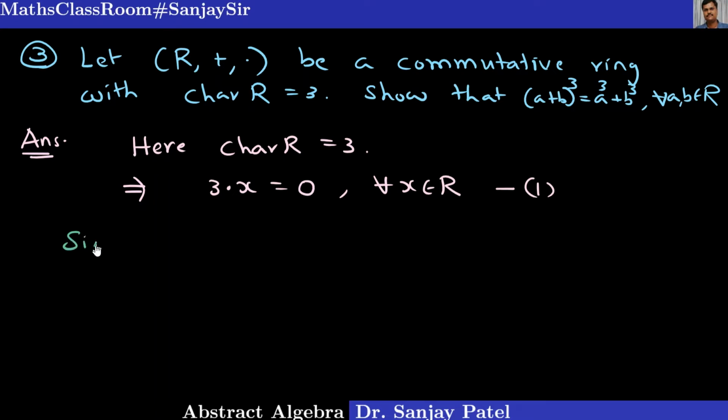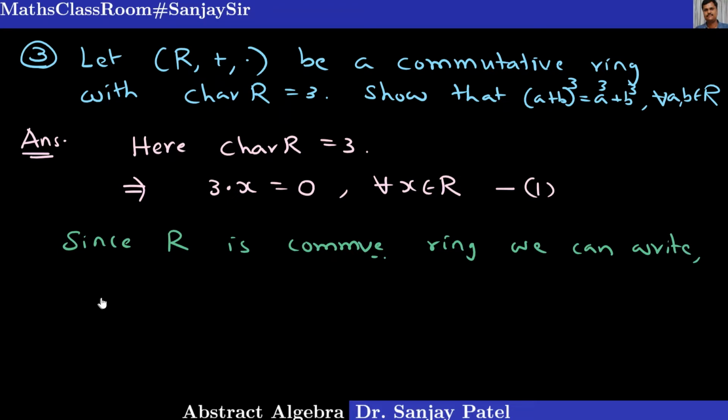Now, since R is commutative ring, we can write a plus b whole cube using that binomial expansion, and we know the expansion of a plus b whole cube, that is a cube plus 3a square b plus 3ab square plus b cube.